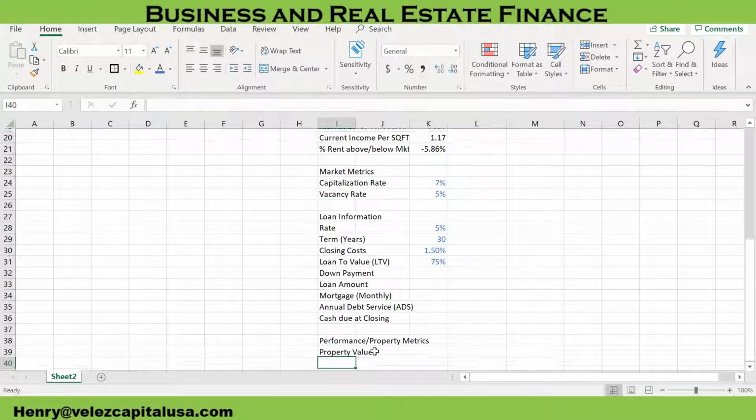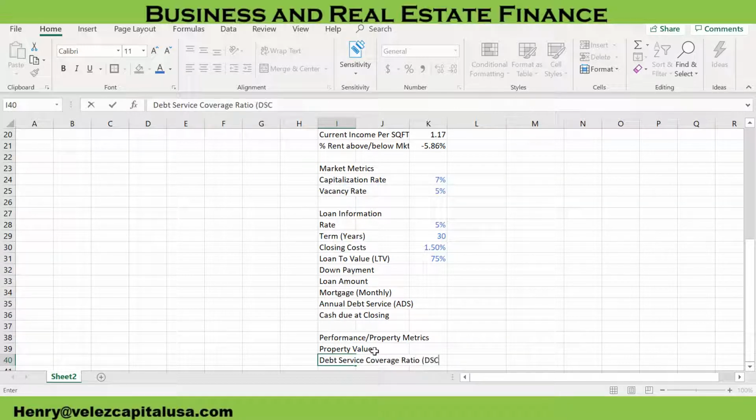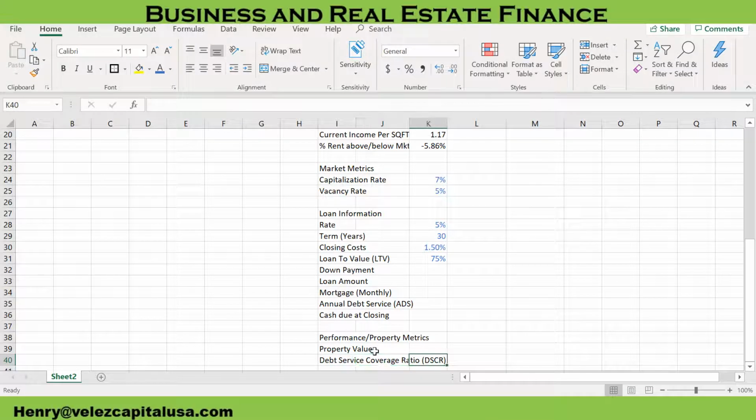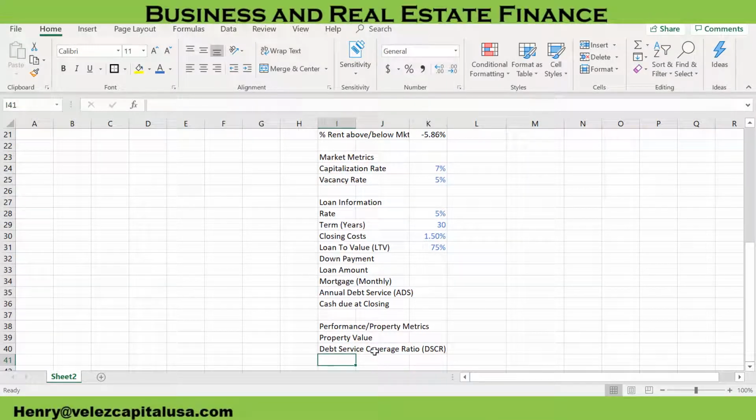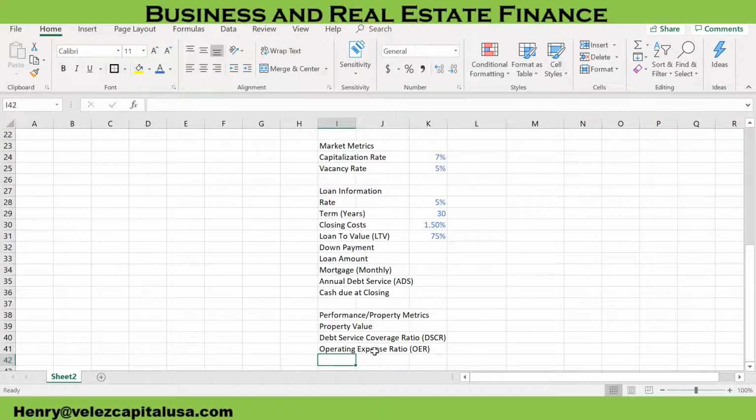So the property value as well, we're going to have to get based off the income, the net operating income, debt service coverage ratio, DSCR, very important to know. And that's going to be driven as well by formula and some ratios to make sure you're within standard and to track progress over time as well.